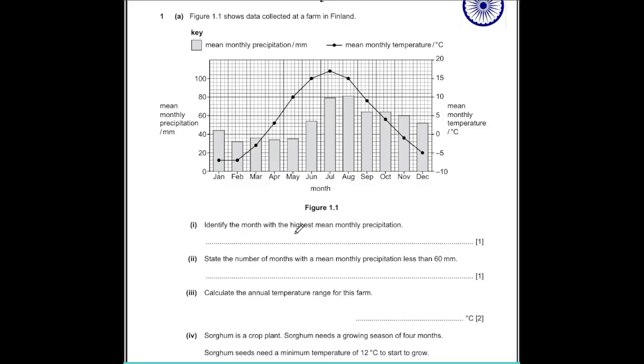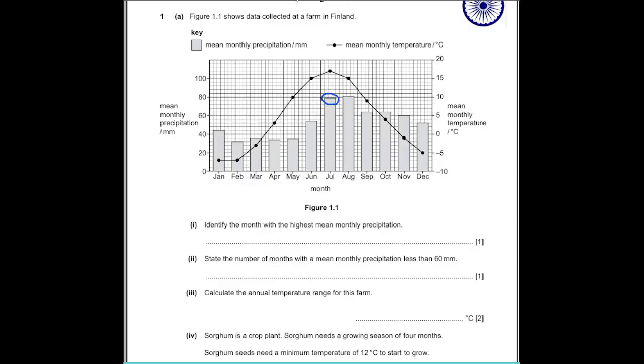Identify the month with the highest mean monthly precipitation. So now just check out the graph here. Second question, state the number of months with a mean monthly precipitation less than 60 mm. Okay, so a few questions. Identify the month with the highest mean monthly precipitation. We can see this is very close.